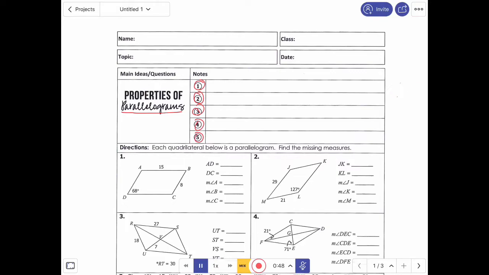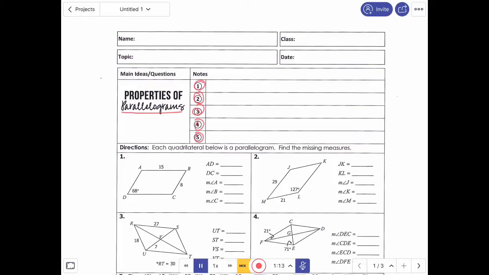So whatever I draw, I'm going to try to draw it in this section. So maybe after number 1, here's my picture. After number 2, here's my picture. So just try to keep your notes as organized as possible. This is a great learning experience for how to take notes if you're not given guided notes at home.